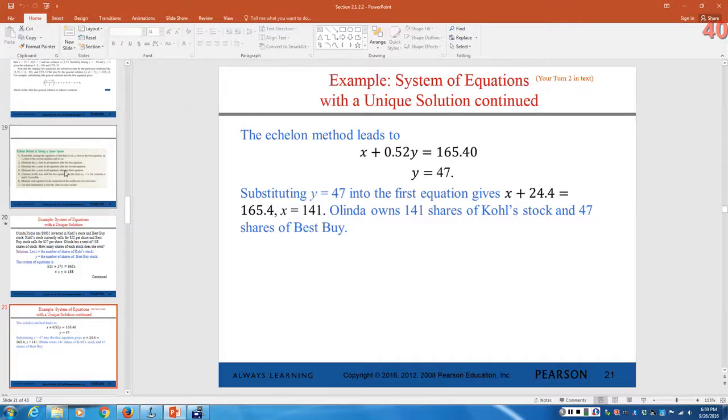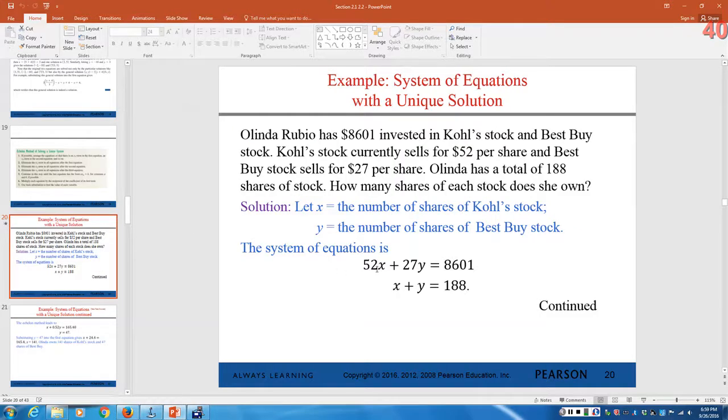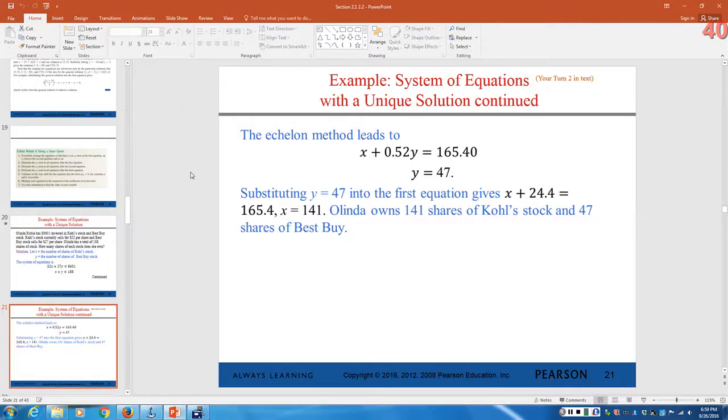If we do the echelon method that we just did, we come up with this, and we can back substitute. And if you're curious as to how that worked, we divided through everything on the first equation by, I'm sorry, not by 52, by 100.